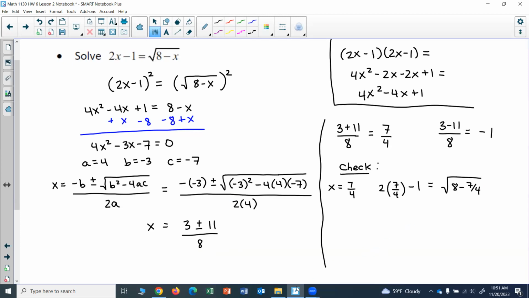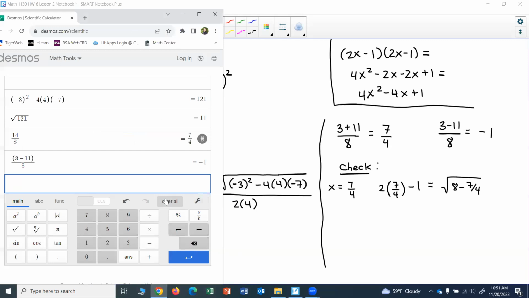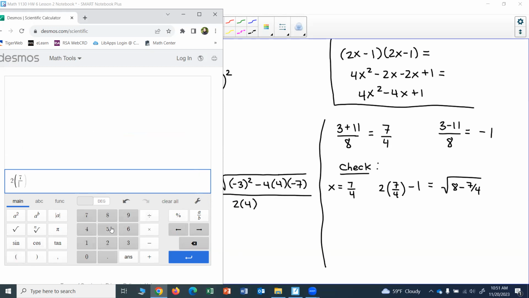All right, so let me go ahead and grab my calculator, and I'll plug that in. So I'll have 2 parentheses 7/4. Close the parentheses and subtract 1. I get 2.5 on the left.